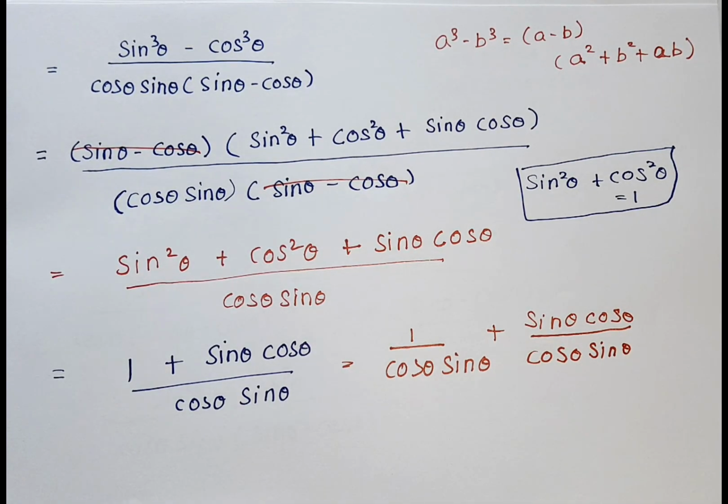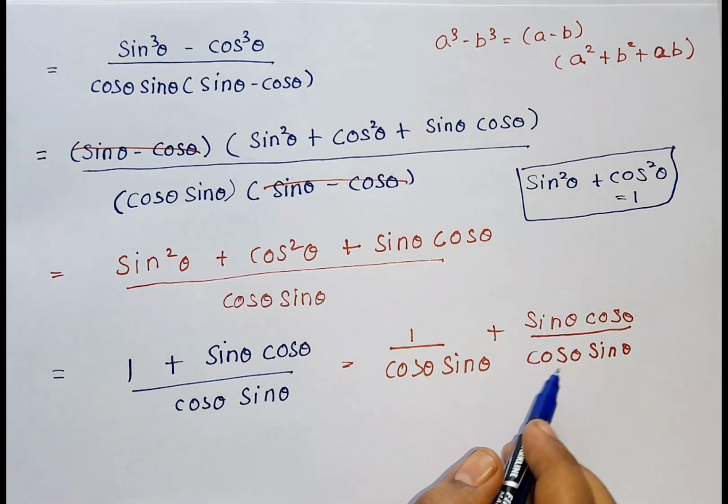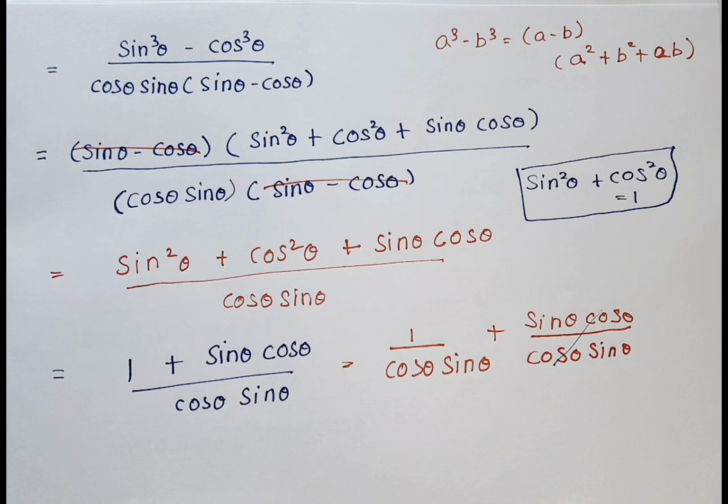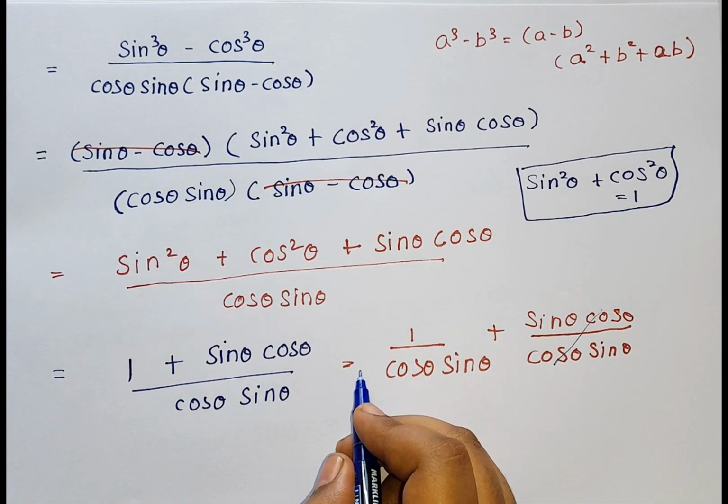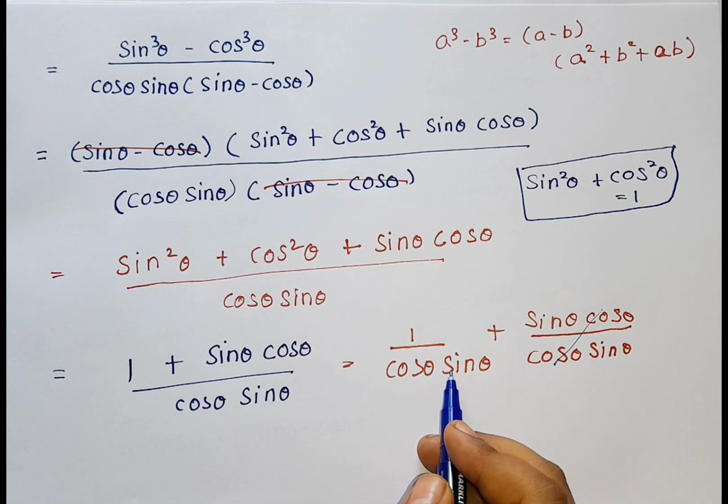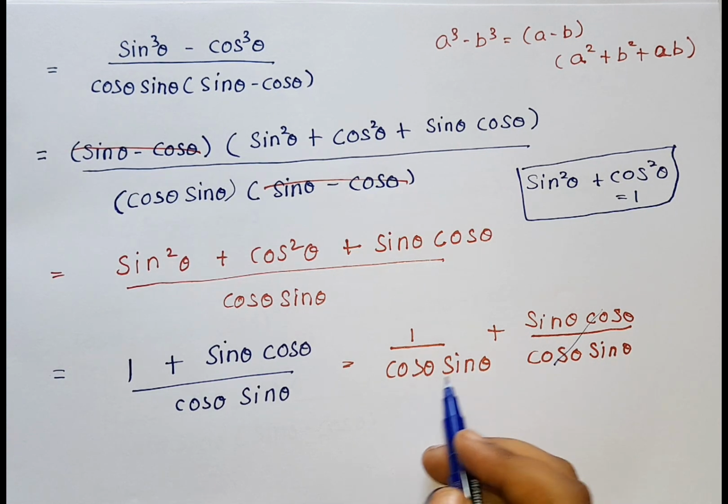Now we got this value. Here we can cancel it, they both have the same value. So now we got 1 by cos theta sin theta, isn't it?